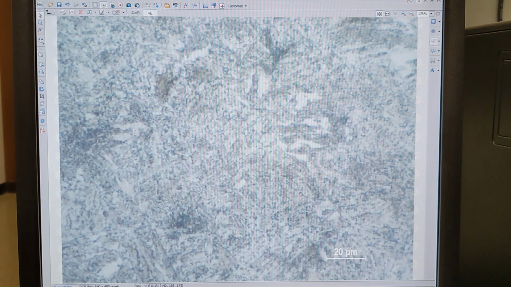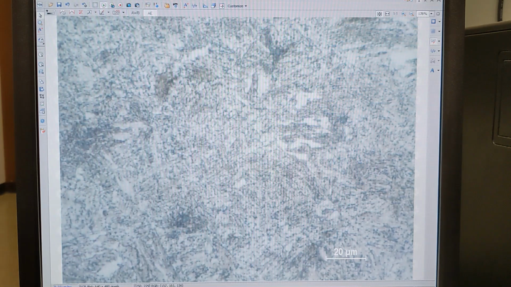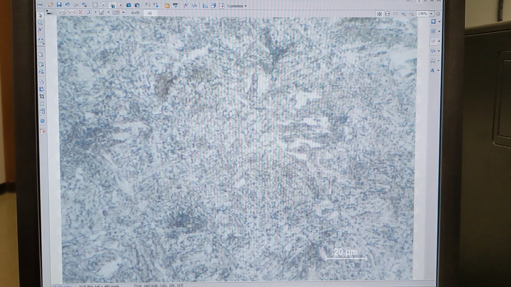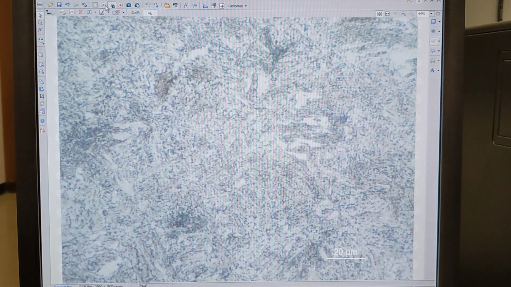So we still have traces of our needle structure. You can see it here, and here as well, but we start forming a more uniform structure. They look like tiny little particles, with less irregular needle shapes.